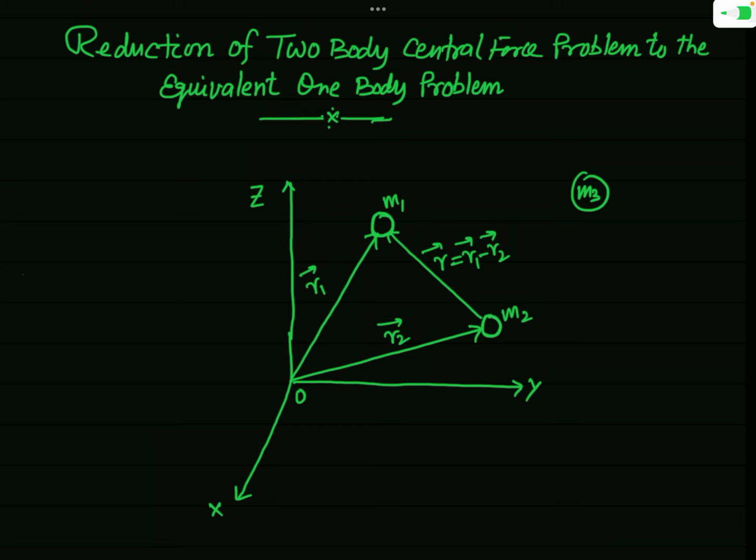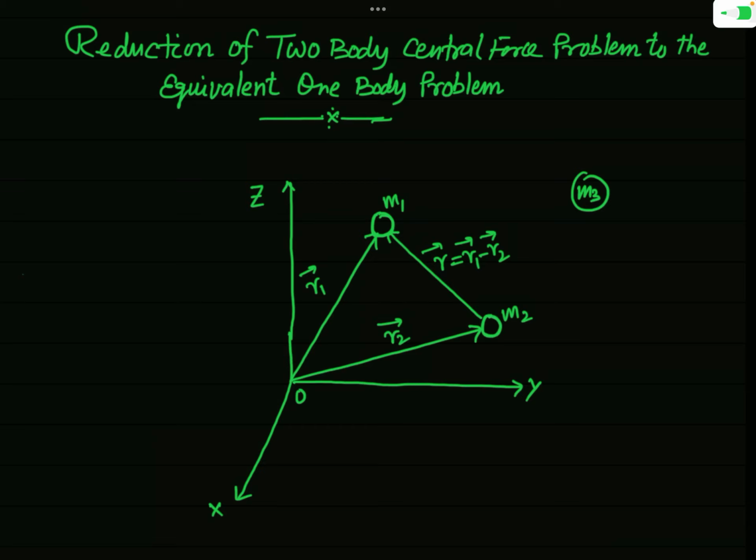As I have told you, between the earth and the moon gravitational force acts, so that is a very good example of a two body central force problem. Now there may be another body which may exert forces on these two bodies.